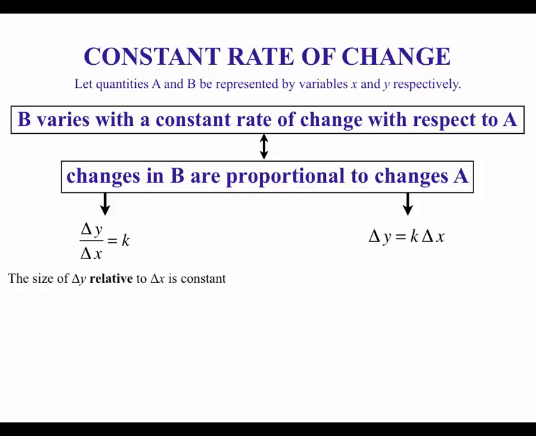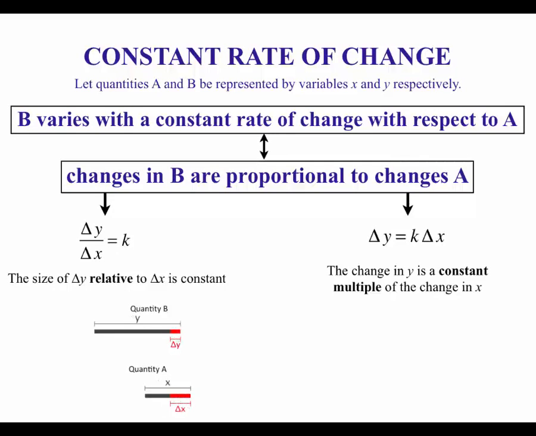So that first one is saying that the size of delta y relative to delta x is constant. And the second one is saying that the change in y is a constant multiple of the change in x. Okay, in this example, what's the value of k?